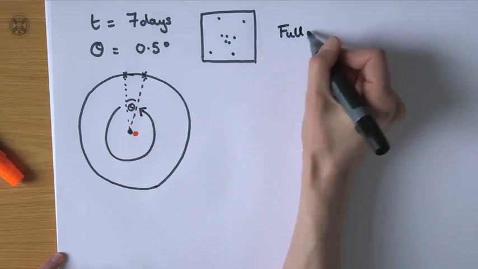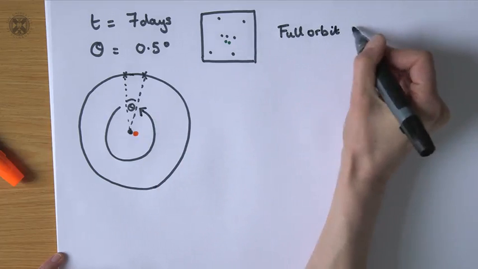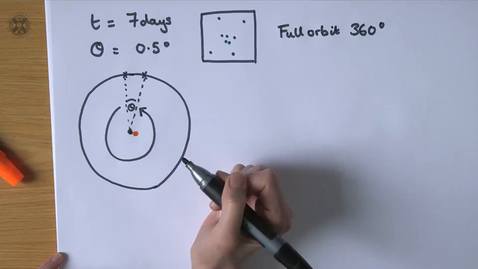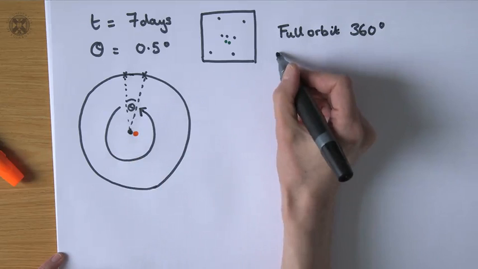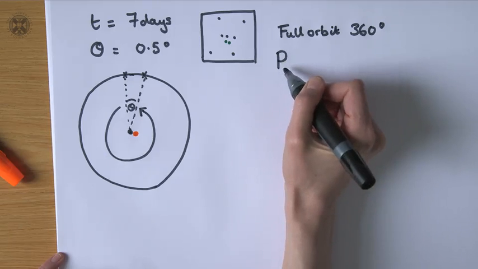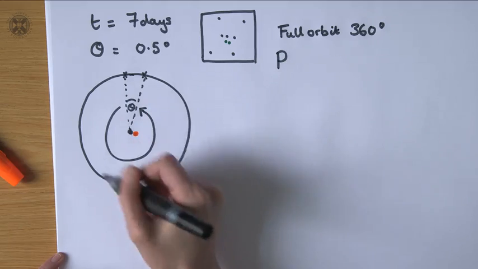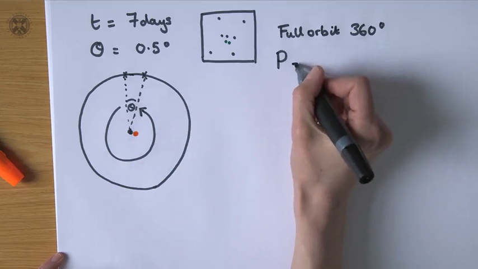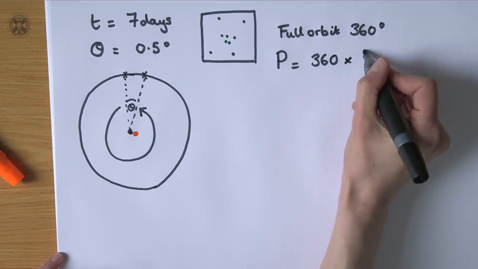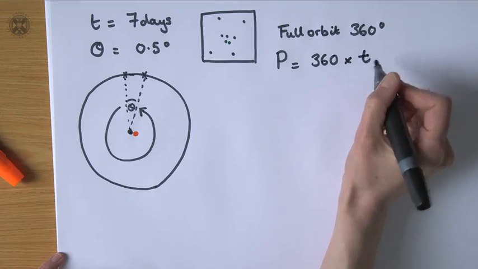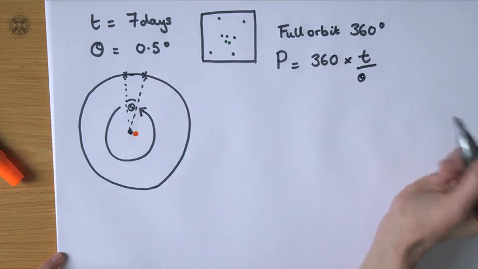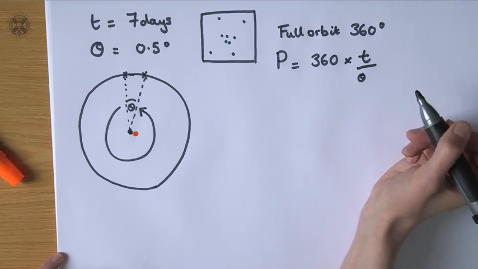Well, a full orbit is going to be 360 degrees. That's just how many degrees there are in a circle. So the time that it's going to take to do a full orbit, and I'm calling it capital P there because it's a time period to complete the full orbit, that's just going to be 360 degrees times the time that it's taken to do that angle on the sky.